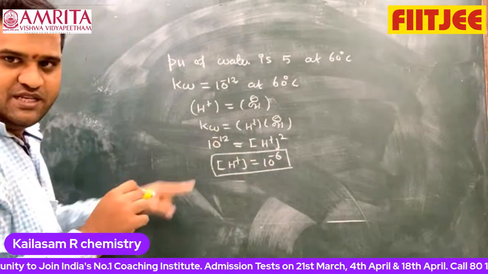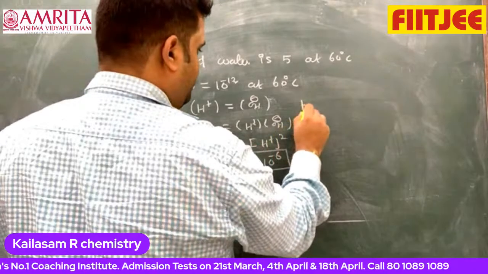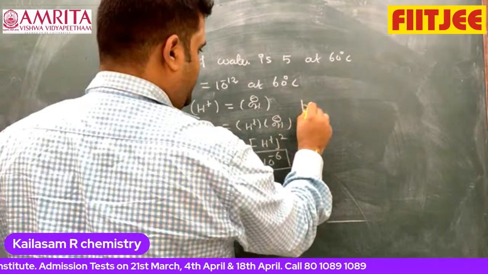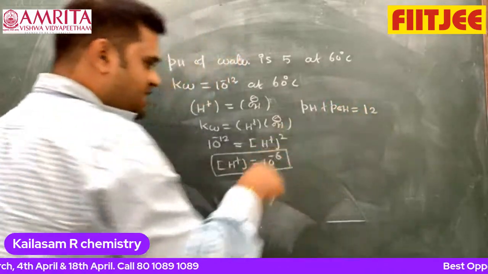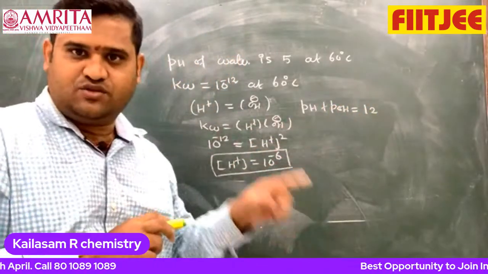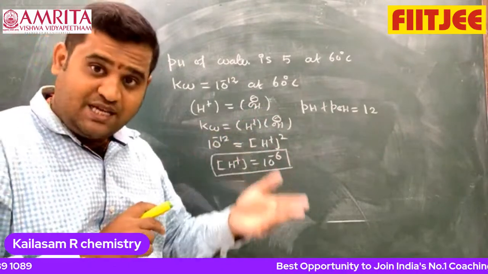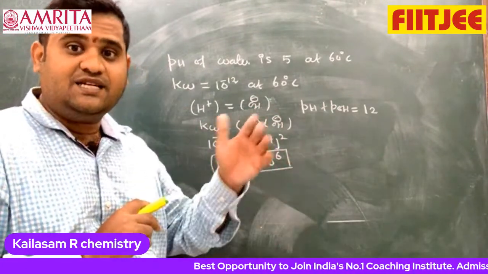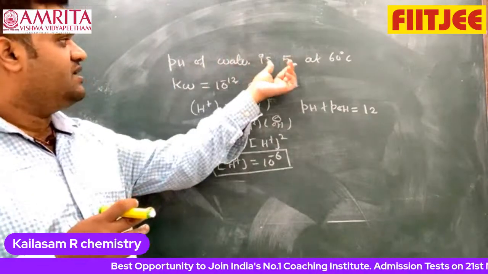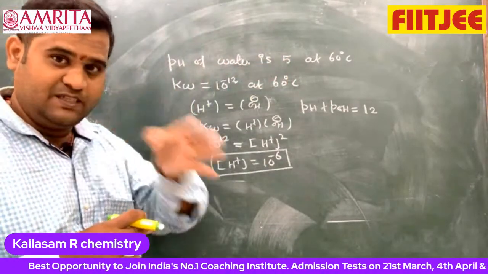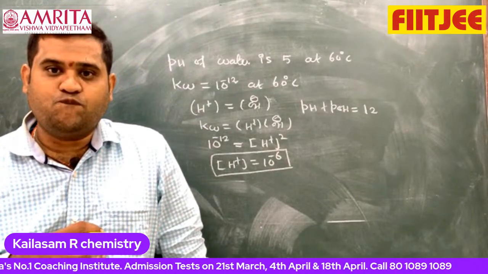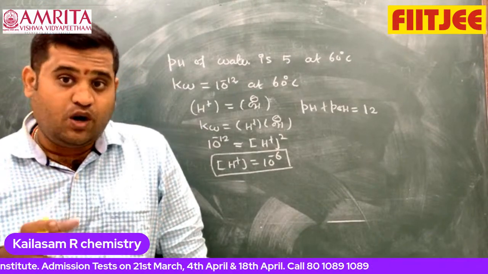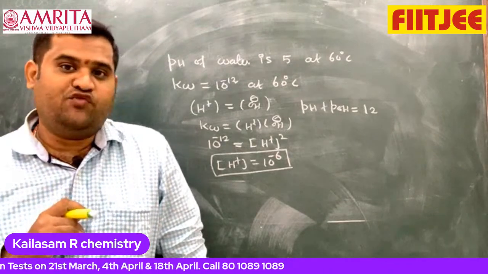That means in this case pH plus pOH is equal to 12. If pH equals 6, the solution is neutral. Less than 6 is acidic, greater than 6 is basic. Now what is given? They gave us 5. That's all. This is what they will ask you from the examination point of view.